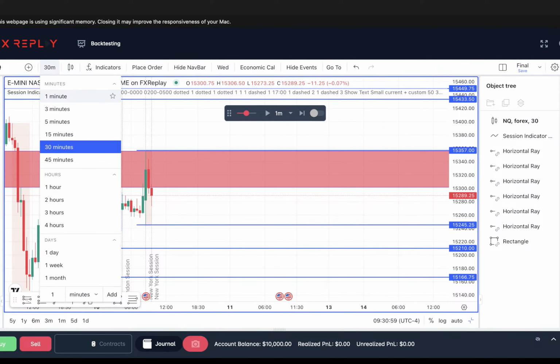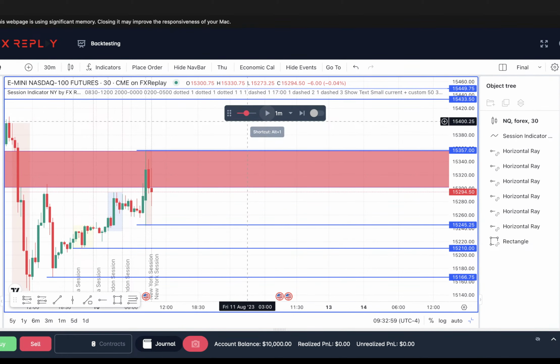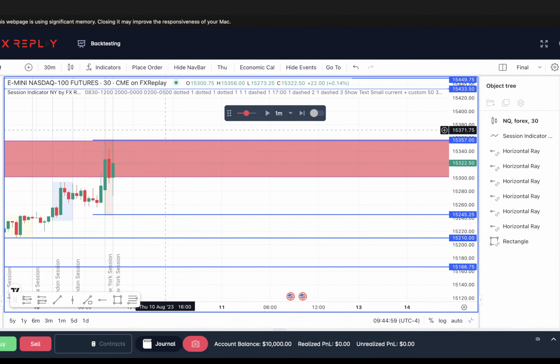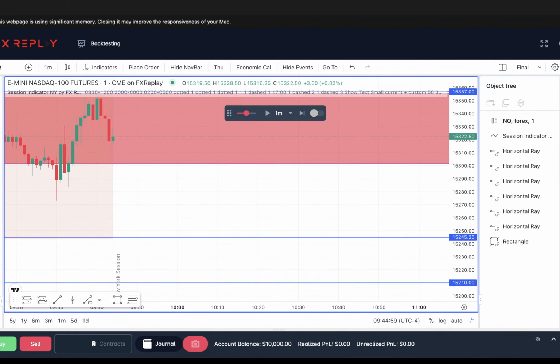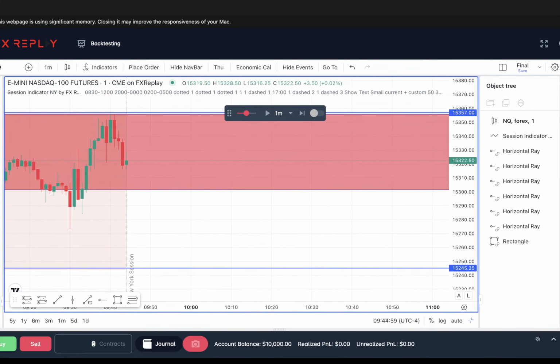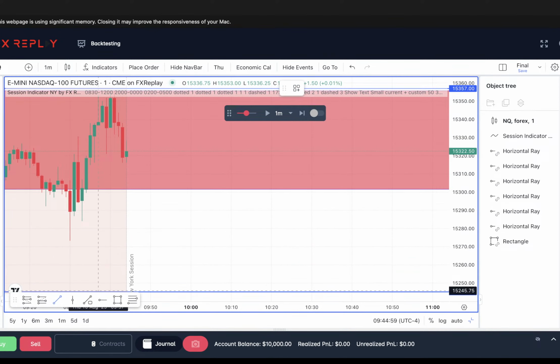All right, let's go. Well, no, let's wait. I mean, we got 2 big wicks. So let's see, in the 1 minute that might be, okay, we do have a market structure shift.